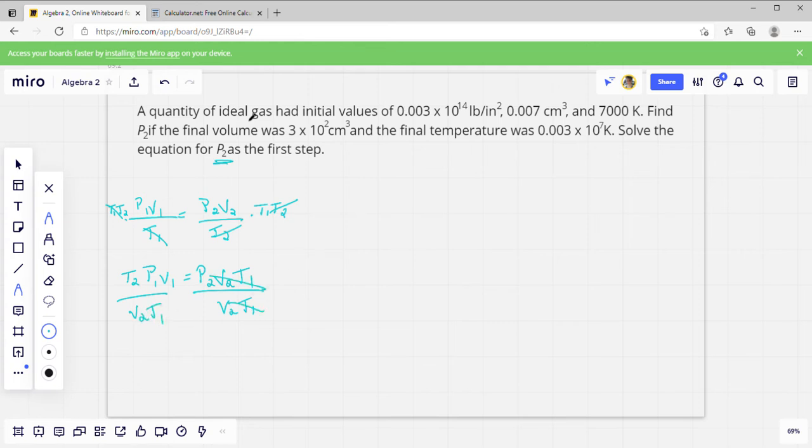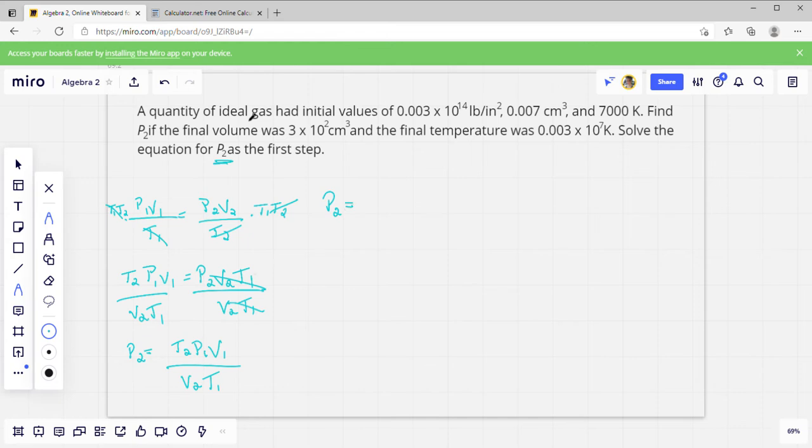Alright, so I'm going to have P2 equals T2, P1, V1 over V2, T1. Now I just got to fill the values in.